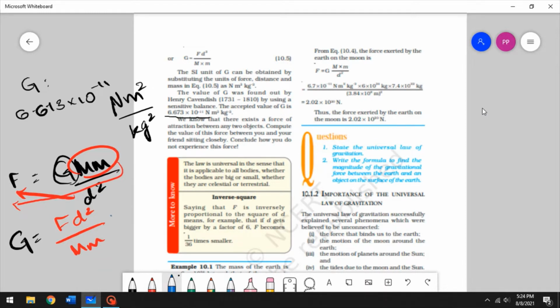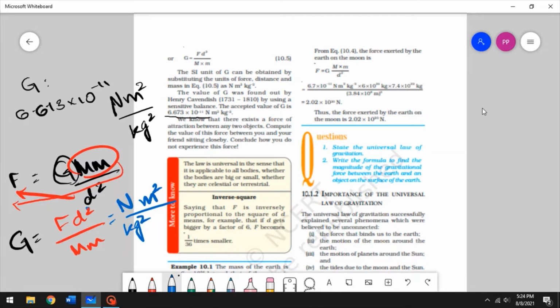And when we add the units, what's the unit of force? Newton. What's the unit of distance? Meters. Squared, so meters squared. What is the unit of mass times the unit of mass? Kg into kg, which is kg squared.